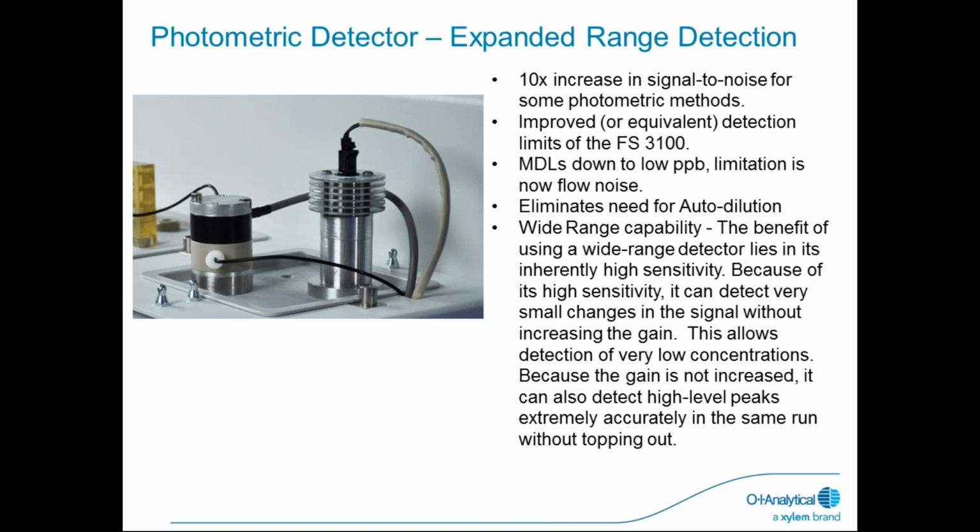It has a wide range capability. The benefit of using a wide range detector lies in its inherently high sensitivity. Because of its high sensitivity, it can detect very small changes in the signal without increasing the gain. This allows the detection of very low concentrations. Because the gain is not increased, it can also detect high-level peaks extremely accurately in the same run without topping off.